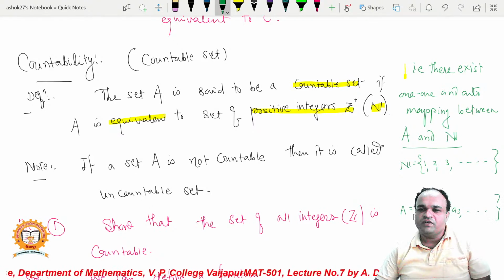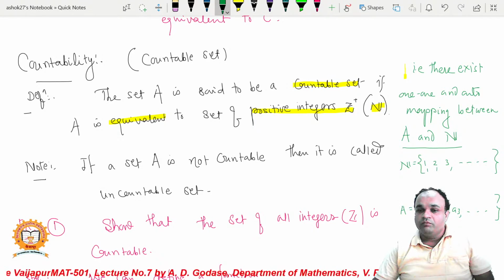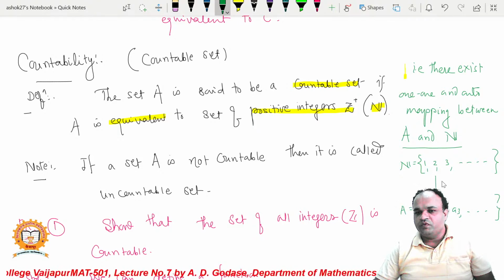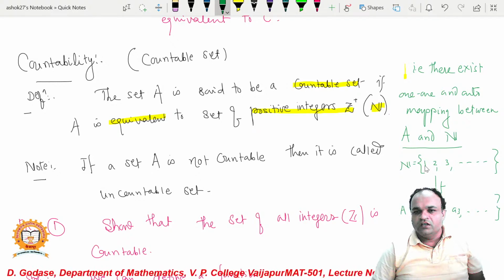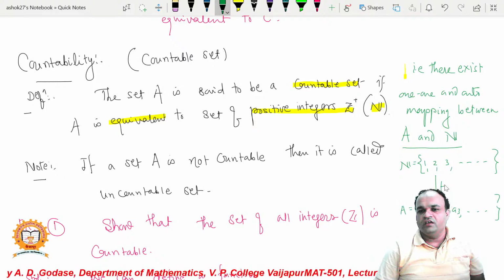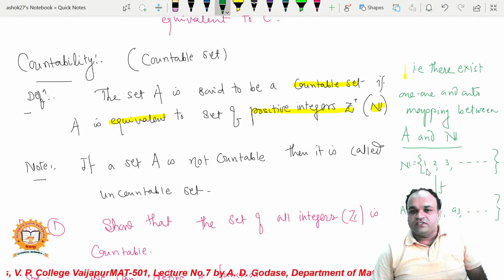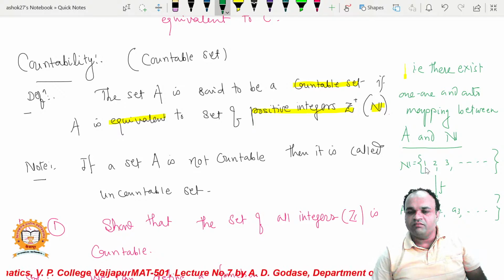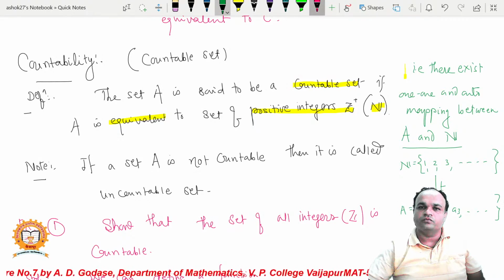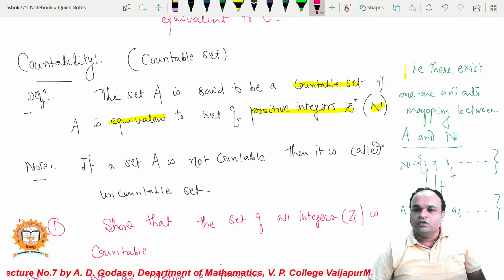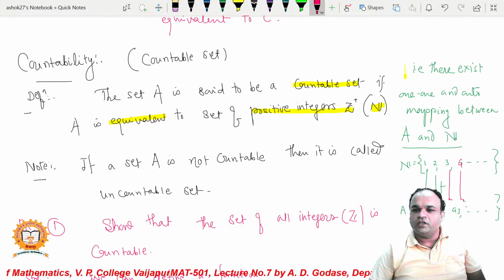There should be a one correspondence between the natural numbers and set A. You should assign 1 to a certain element of A, 2 to some element of A, 3 to some element of A. So 1 goes to A1, 2 goes to A2, 3 goes to A3, 4 goes to A4, 5 goes to A5, and so on.